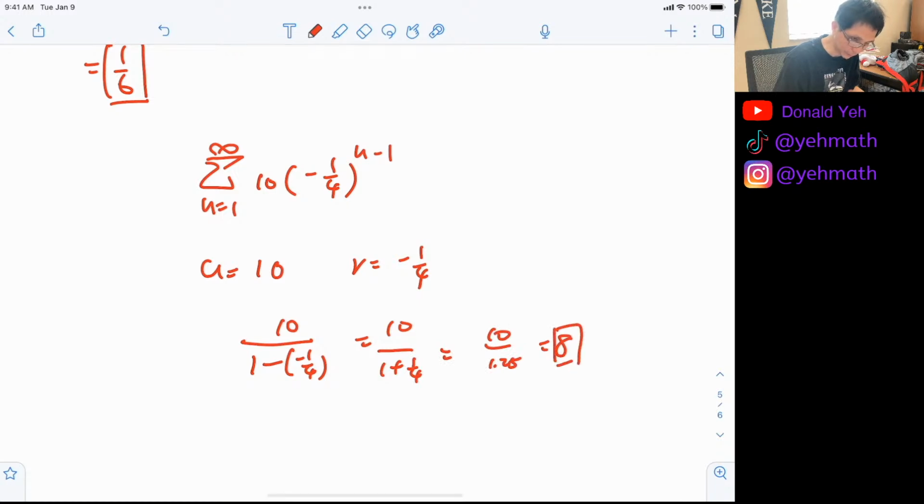Whoa, that doesn't even make sense. You've got to keep it in fractions. Yeah, but I'm going to get an integer at the end. You said that doesn't make sense? No, it doesn't make sense because you have a fraction over a decimal. Oh, I thought you said the answer doesn't make sense. The calculation is not a whole lot, just a over 1 minus r.